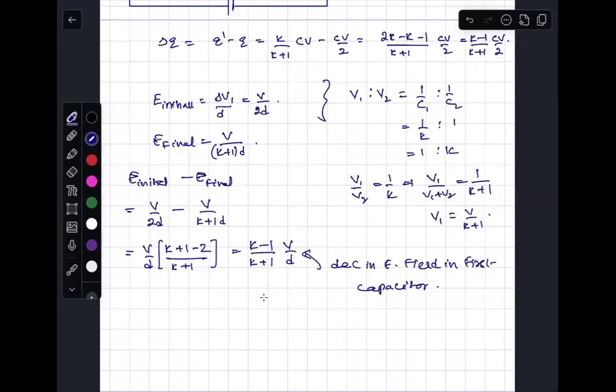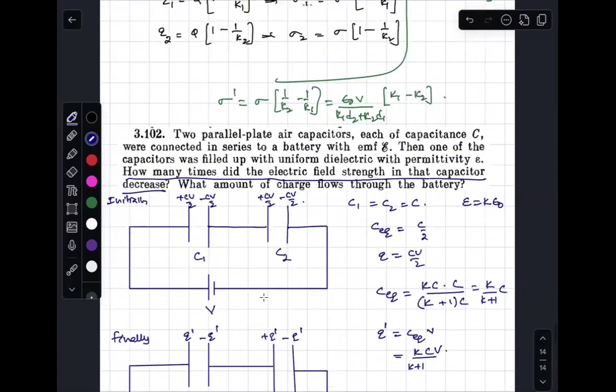Q I have given already, CV by 2 times K minus 1 by K plus 1. In the plate where dielectric is introduced, the decrease in field is K minus 1 by K plus 1 times V by D. That's the deal. Please refer the question.